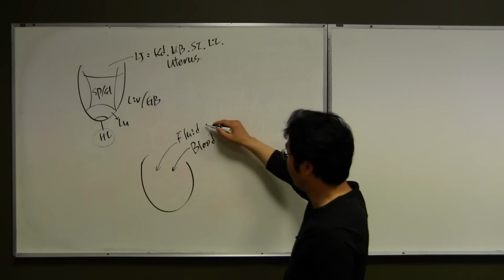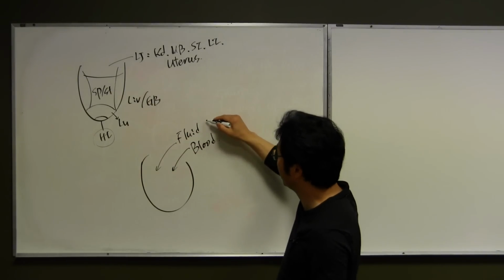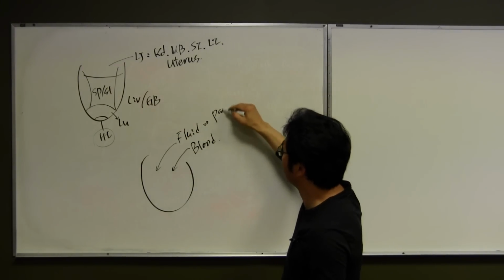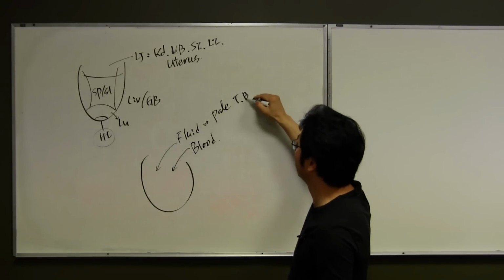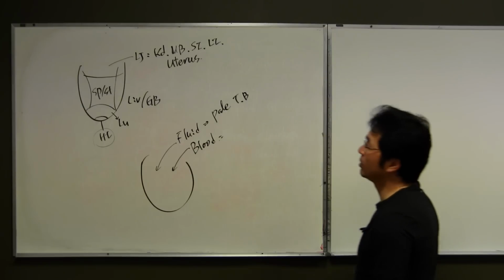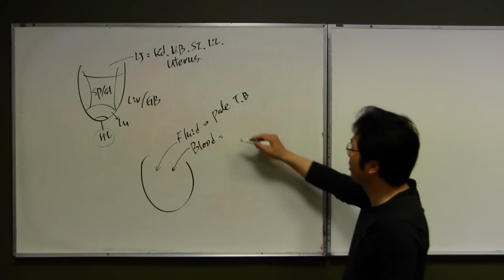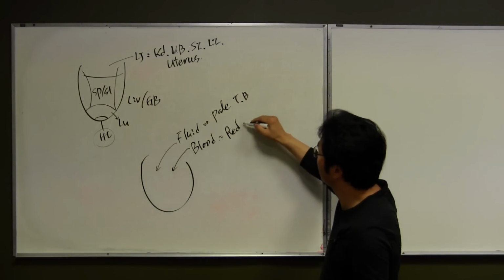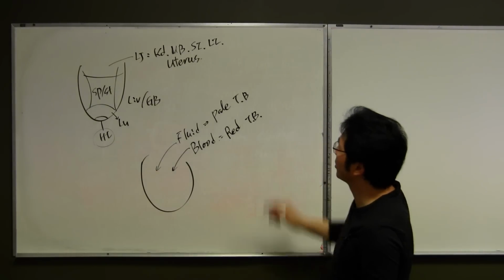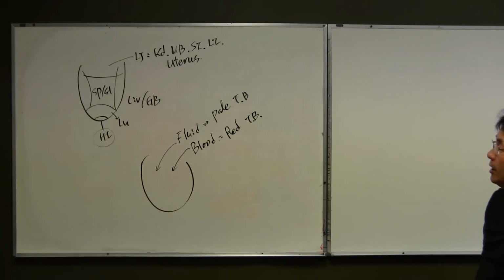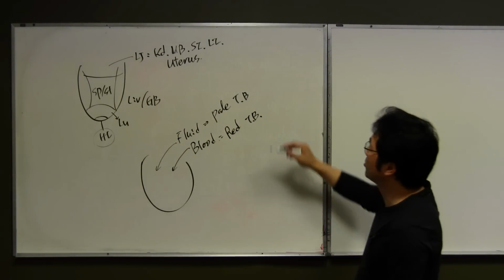When fluid flows into the tongue body, that makes what? Pale tongue body color. And how about when blood goes into the tongue body? It makes a red tongue body color.